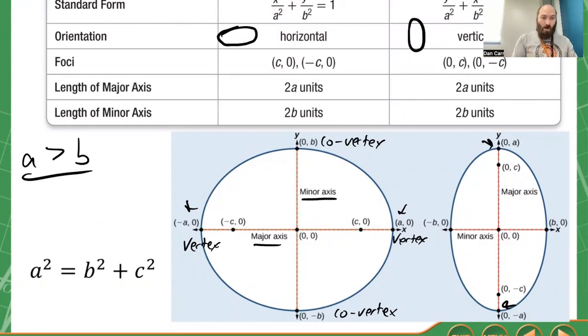I forgot to mention the last part, which is the foci. There's a focus in both directions here. So this is a focus, and this is a focus point. I hope I spelled that correctly. For those points, we get a relationship that looks a lot like the Pythagorean theorem, and that's because it technically is a Pythagorean theorem. It's not a squared plus b squared equals c squared, but here's the model. If I draw this line here, I am creating a right triangle with my major and minor axes.